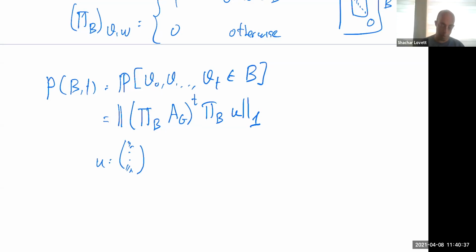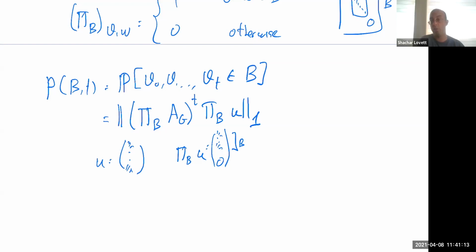So we get pi BU, which is just this distribution where, let's say, the first entries are in B and the rest are not, so it's 1 over n, same thing, and then 0. We just erase all the coordinates outside B, and this captures the fact that we want V0 to be in B. It's not a distribution, it's a sub-distribution, because there's some probability of failing. So it's some probability that we still survive.